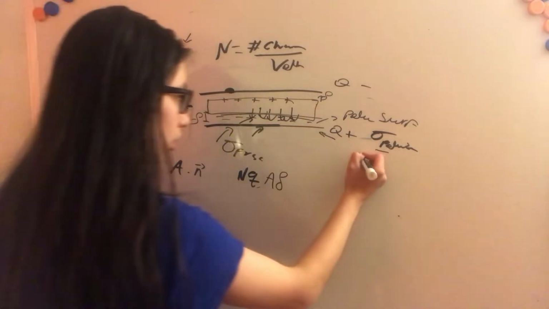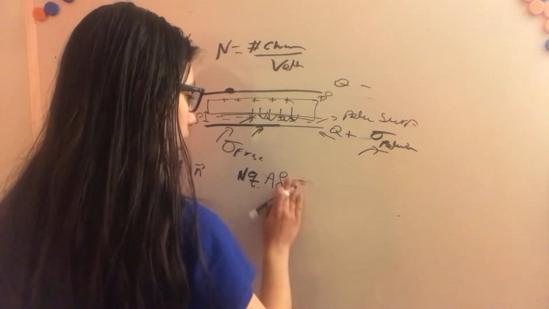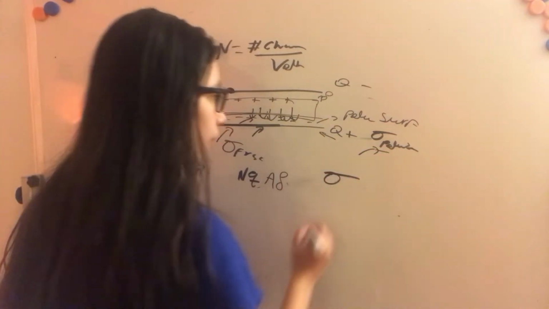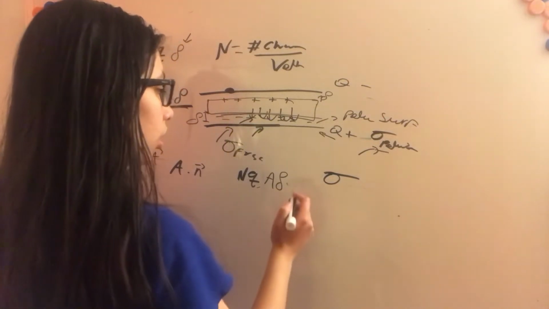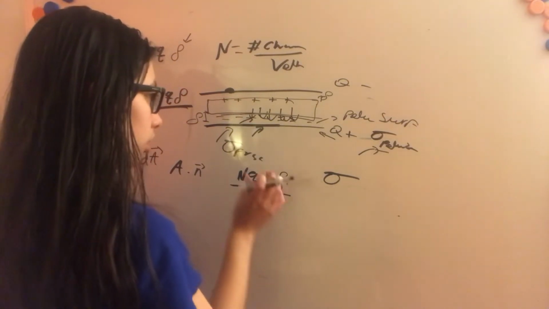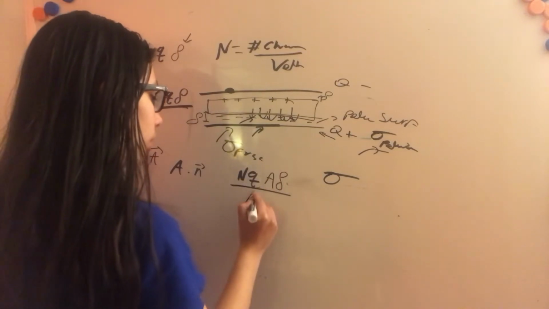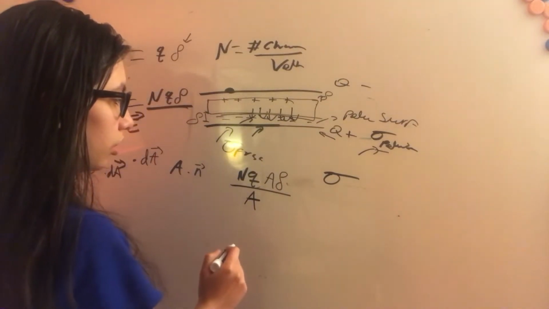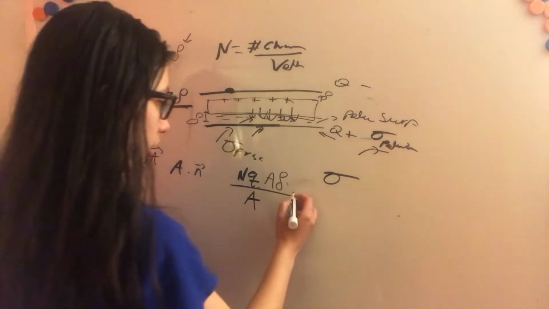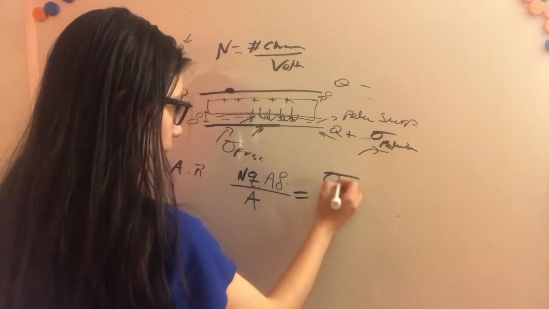If we want the surface polarized charge density, then we divide these charges by area, and so we would have the charge per area. So charge per area is the surface charge density.